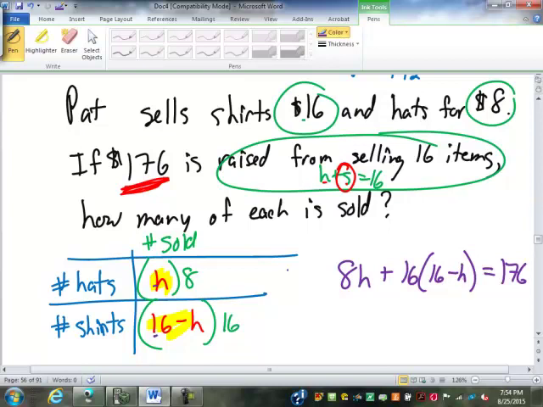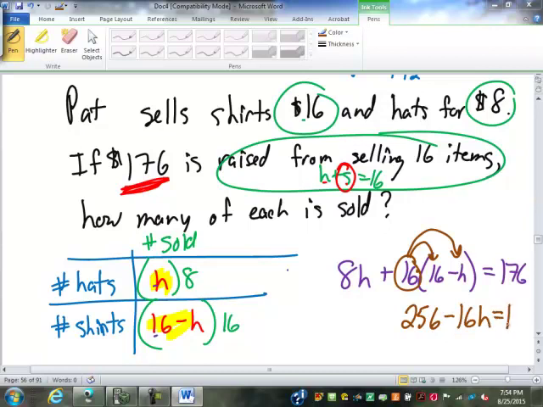Is there anything to do inside the parentheses? No. But we do have something we can do to the parentheses, times the 16. So we're going to do 16 times 16 is 256. 16 times negative H, or negative 1H, is going to be negative 16H. We still have the 176 there, and we still have 8H over here.